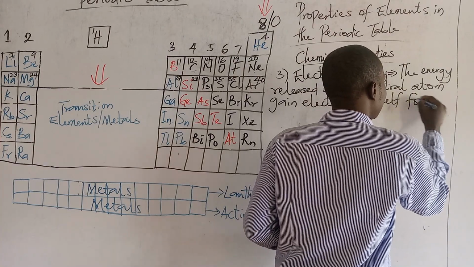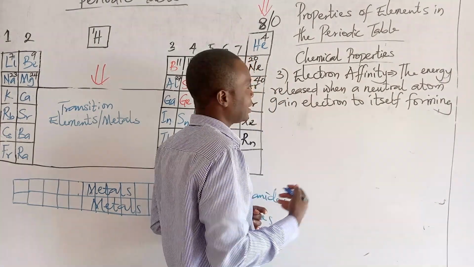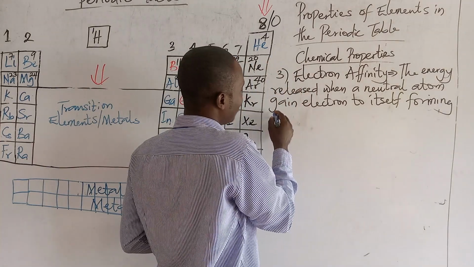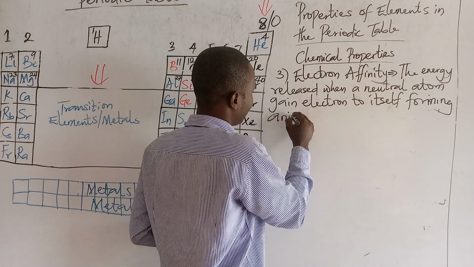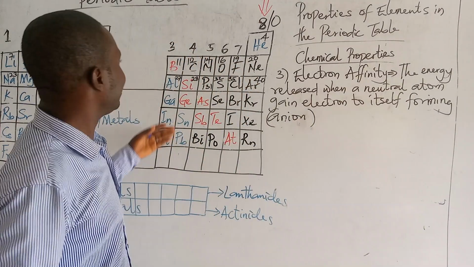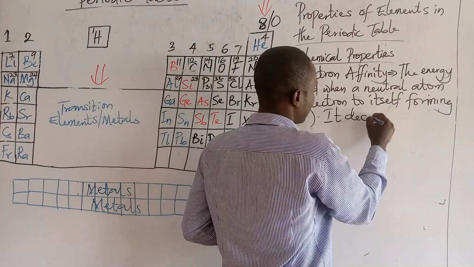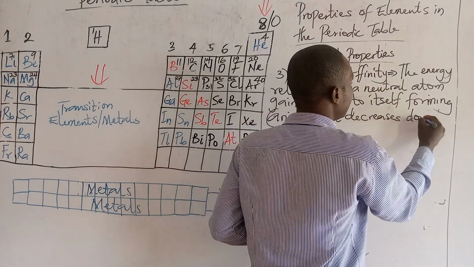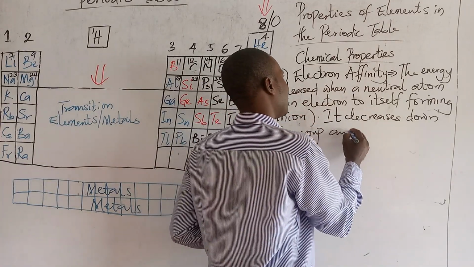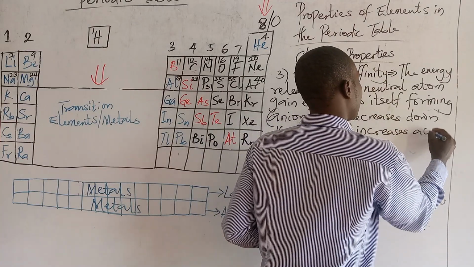When you gain electron, then you become negatively charged, so you're forming anions. And generally, this decreases down the group and increases across period.